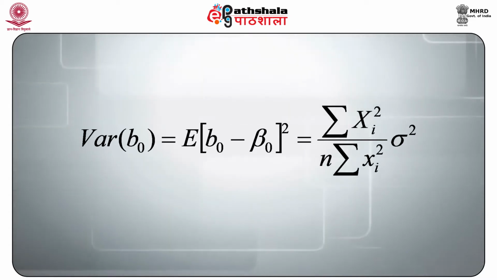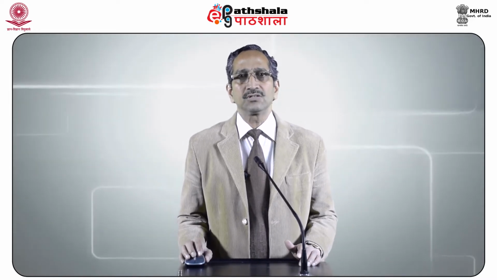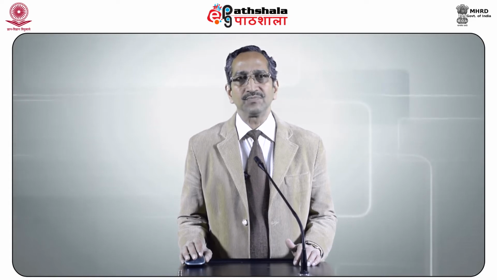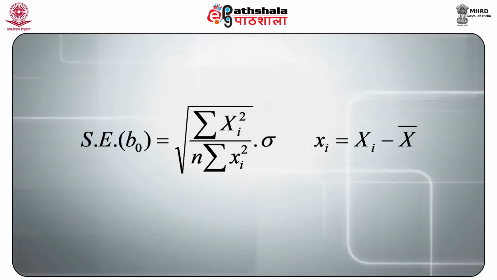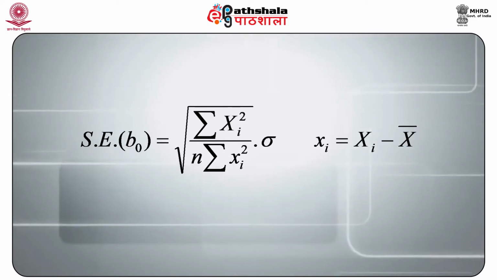This is our equation 3. In a way, I may remind you that this is nothing but equal to summation Xi square by n into the variance of B1.